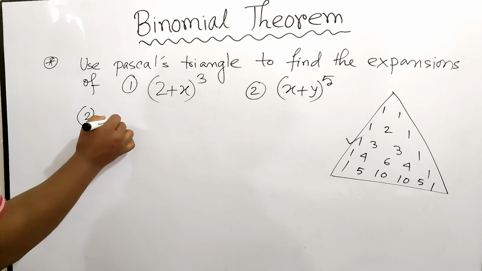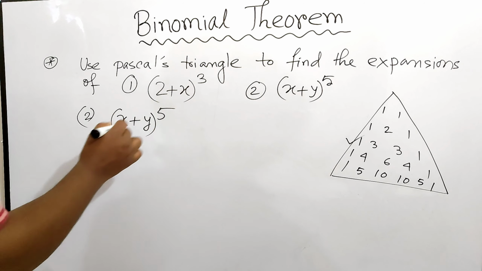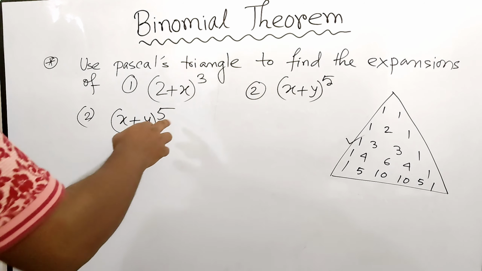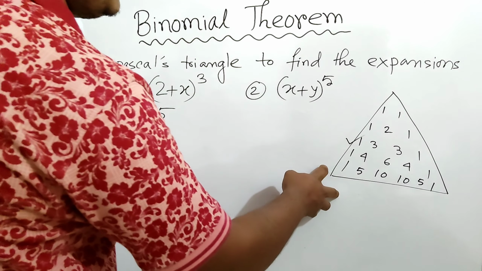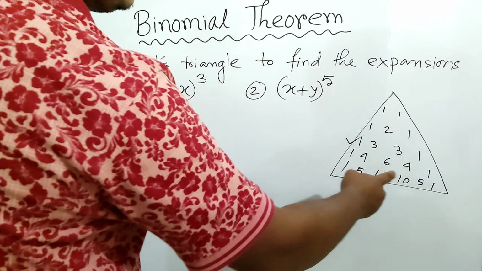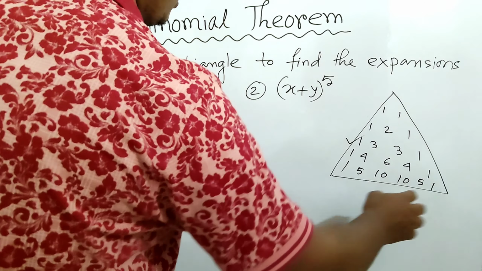Now look at number 2, that is (x plus y) to the power 5. The index is 5, so according to Pascal triangle, the coefficients should be this row, the 5th row: 1, 5, 10, 10, 5 and 1.